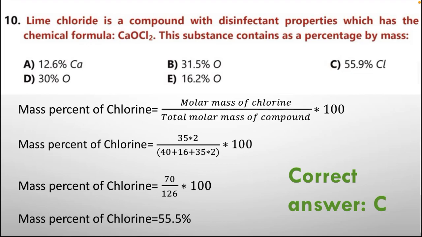So the correct answer is option number C, 55.9% chlorine. We can also check it for the oxygen and calcium also, but we are lucky that we got our answer with the first one, the chlorine one, so we don't need to waste our time finding the other percentages.